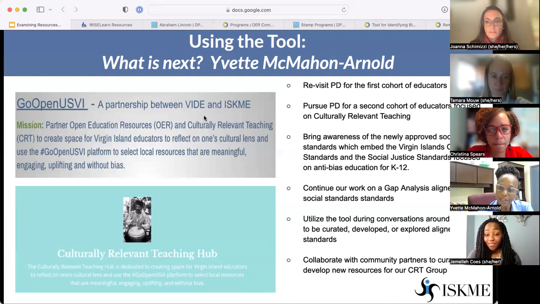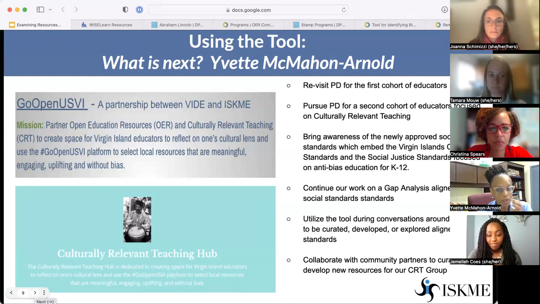So we have started a gap analysis to look at where the missing links are, the resources that can support our standards. And in so doing, what an opportunity it is for us to use this tool to look at those gaps, those missing resources, to determine if these resources have bias that unintentionally harm students. And by using the tool, we are able to do this.